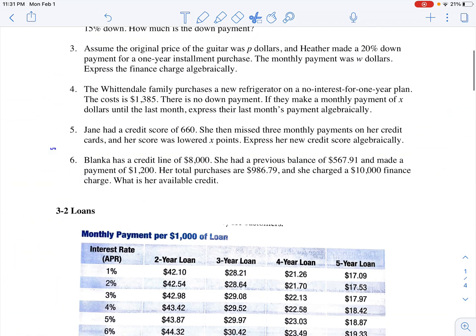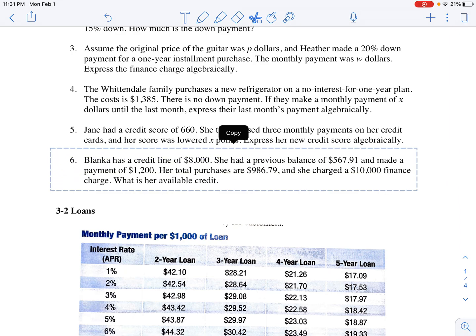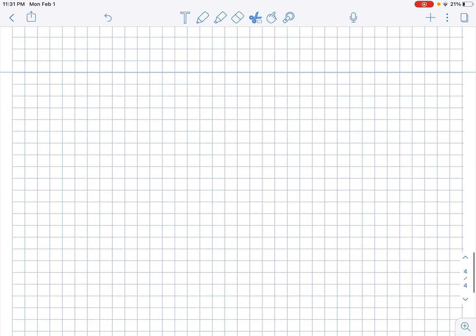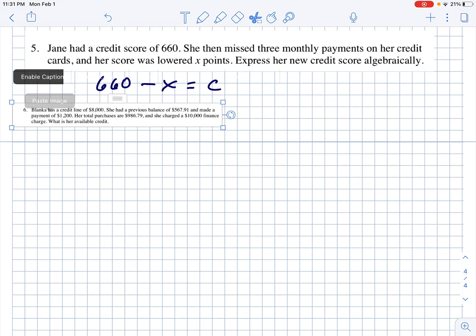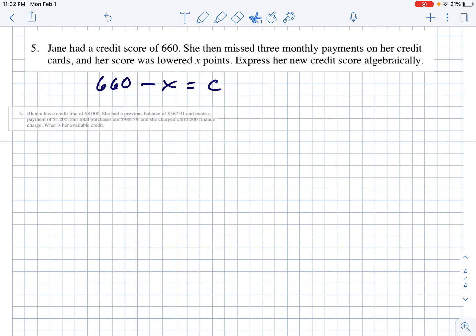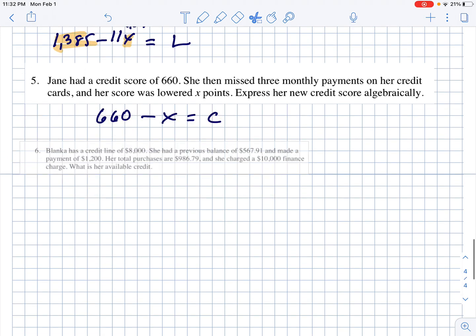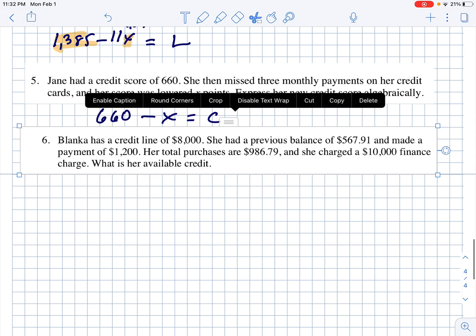All right, last one for 3-1, the first one. What's going on here? Okay. It says Blanca has a credit line of $8,000.